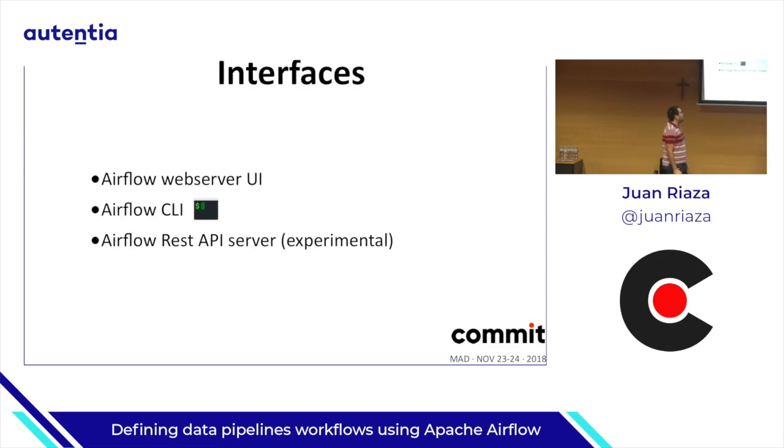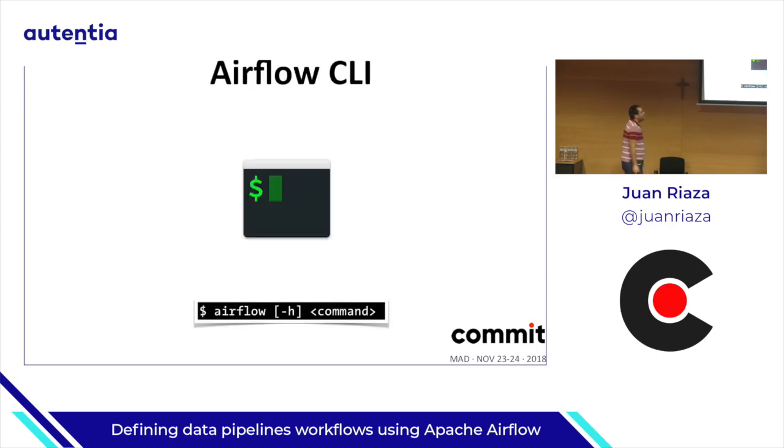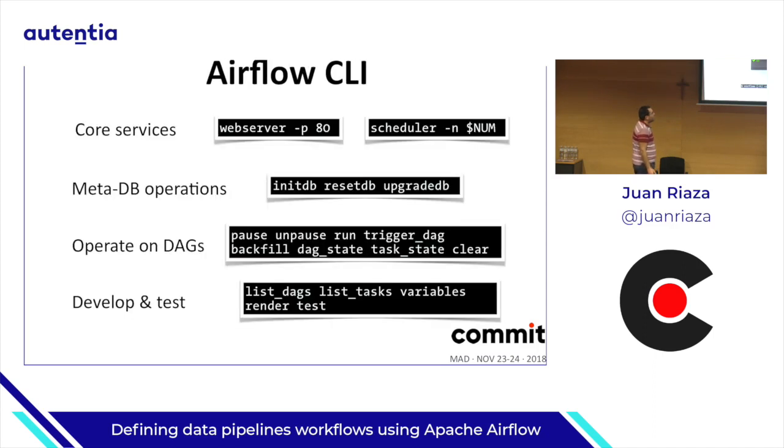So those are the interfaces: the web server UI, the CLI, and the REST API server, which is a bit experimental at this moment yet. So the CLI. We have lots of different commands, but pretty much it's used to run the core services, such as running the web server and the scheduler, to perform some metadata DB operations like, well, schema, reset the state of the DB.